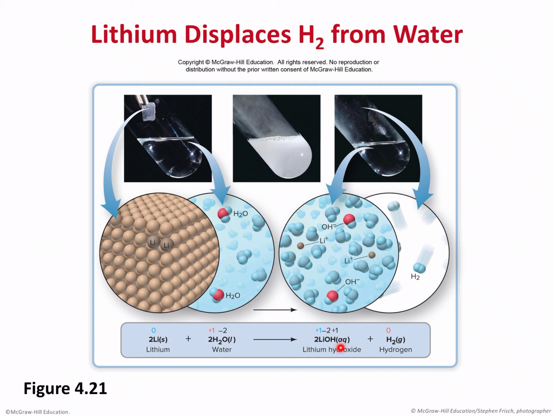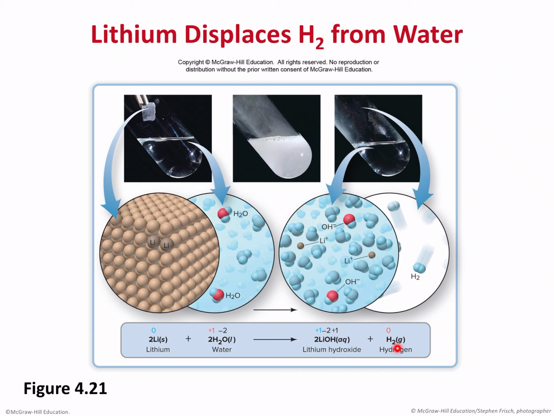In lithium hydroxide, lithium would be +1 because it's group 1, right? And in water, if you look at the charges, oxygen is going to be -2 and hydrogen is +1, right? And then in lithium hydroxide also, hydrogen +1 and then oxygen -2.